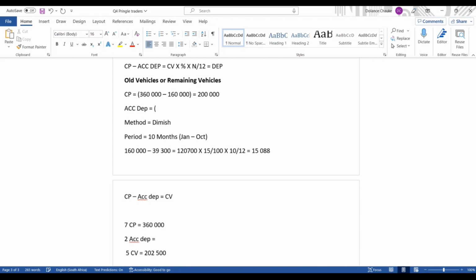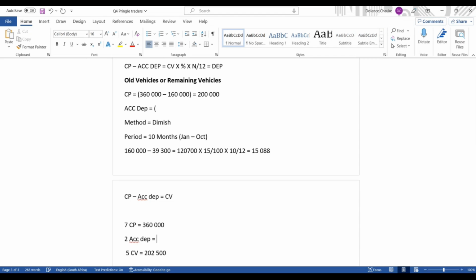You get it, right? Guys, do you get it? Because I'm trying to show you with a small number. You can calculate it while looking at it, but now we have the bigger numbers this side. So in order for us to get our accumulated depreciation, we're going to say our cost price minus our carrying value.